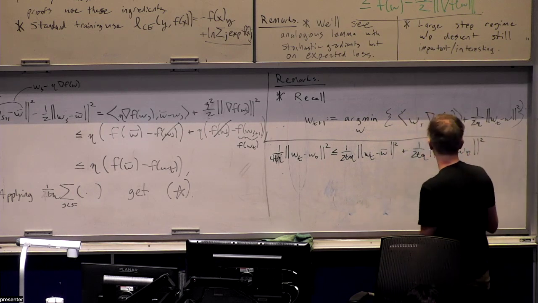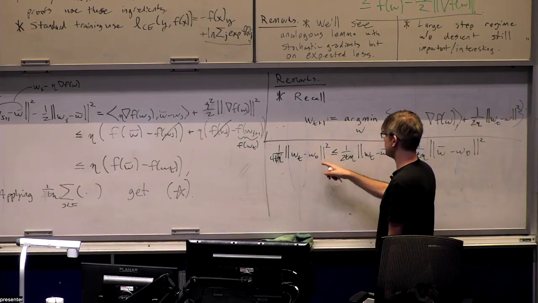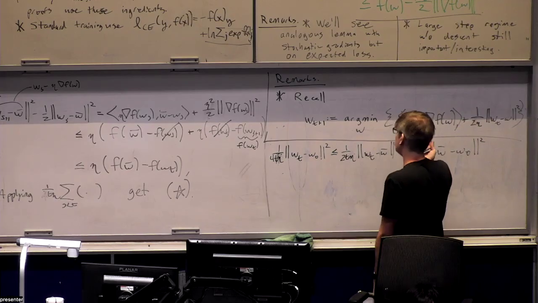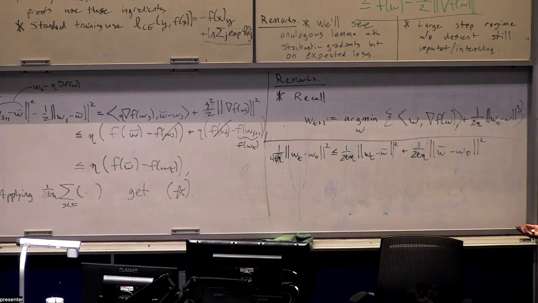The way I got this is I added and subtracted W bar on the inside, and I expanded the square to get it.